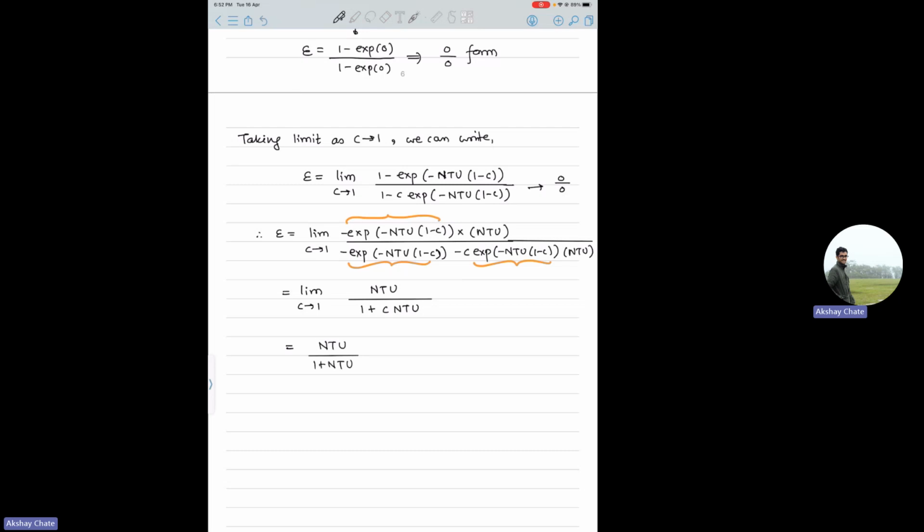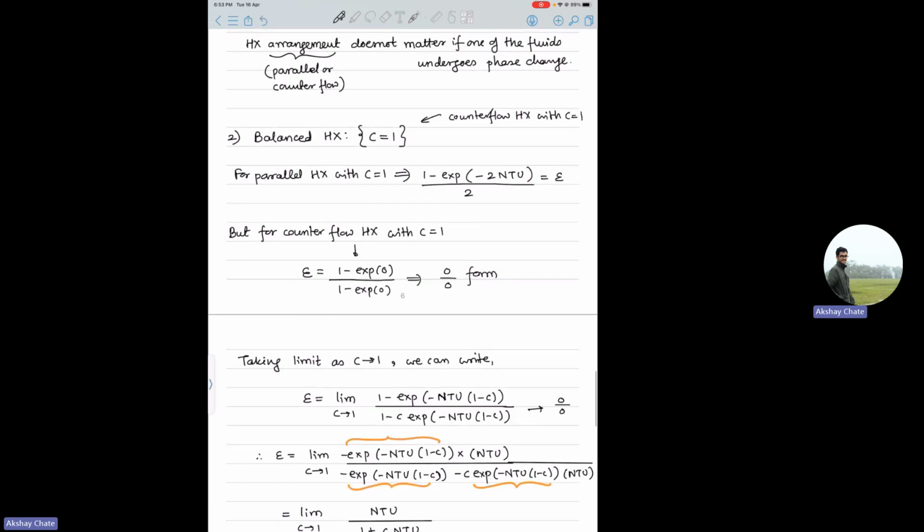and you get NTU by 1 plus NTU. So this is a very famous formula and it is asked many times, and this is only possible for a counterflow heat exchanger. So you should remember that. In parallel flow, even if C is 1, it doesn't matter.